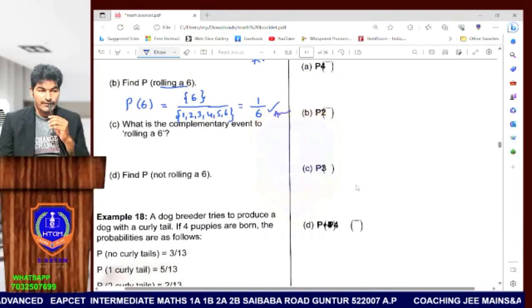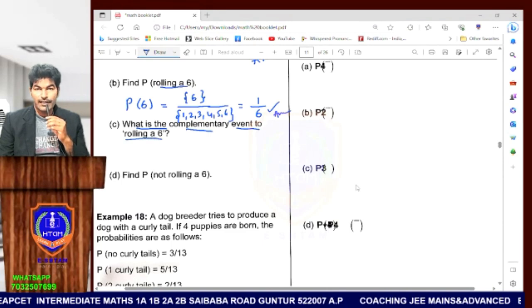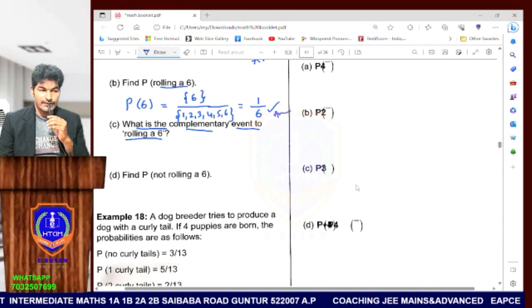Next, he is asking what is the complementary event of rolling a 6. So he is asking for the complement, which you can write as 6 bar.